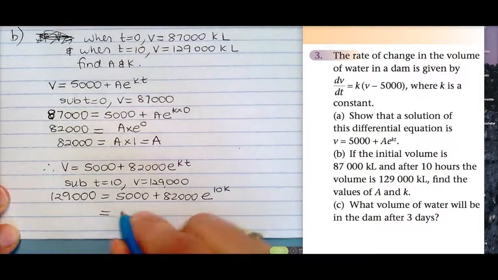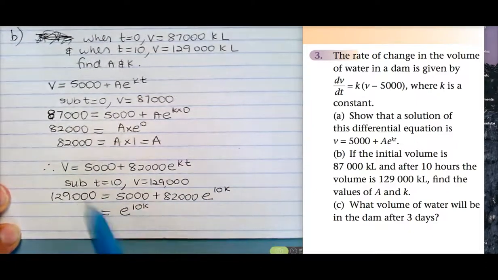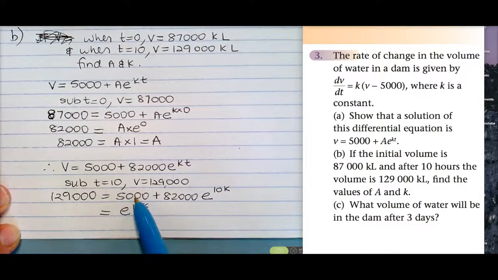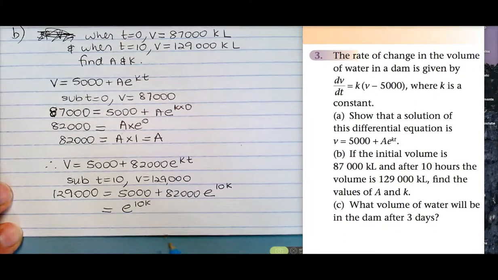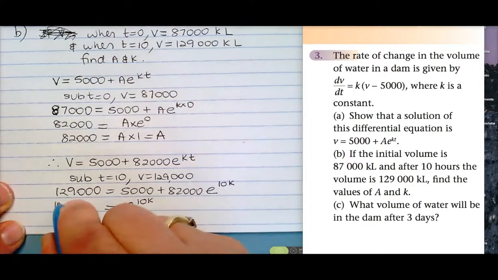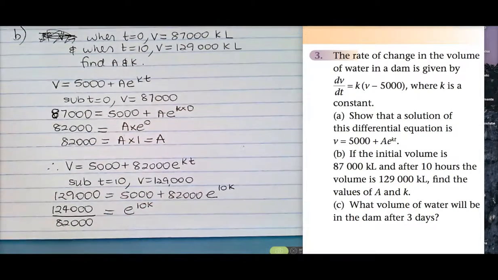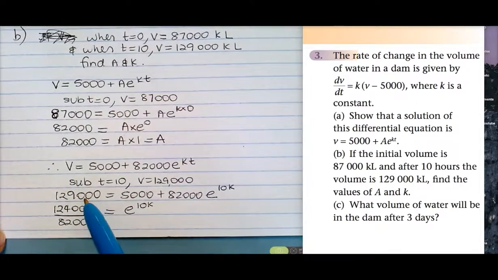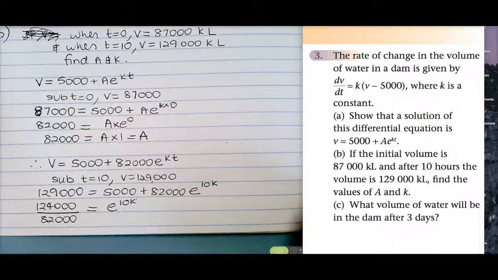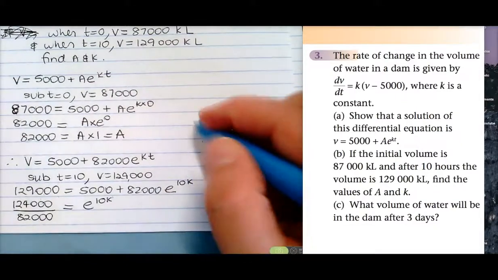E to the 10k is 129,000 minus 5,000, which is 124,000, over 82,000. Are we okay with that? Is that okay? I'm sure you'll handle that.